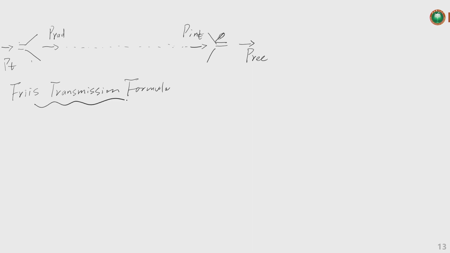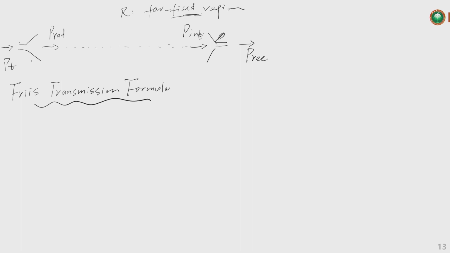The Friis transmission formula connects the antennas at the transmitter side and receiver side, and also the propagation between both, right? For the simplest format, there is no other medium, it's just free space. And we also assume that the distance R between both antennas satisfies the far field. It's in the far field region.